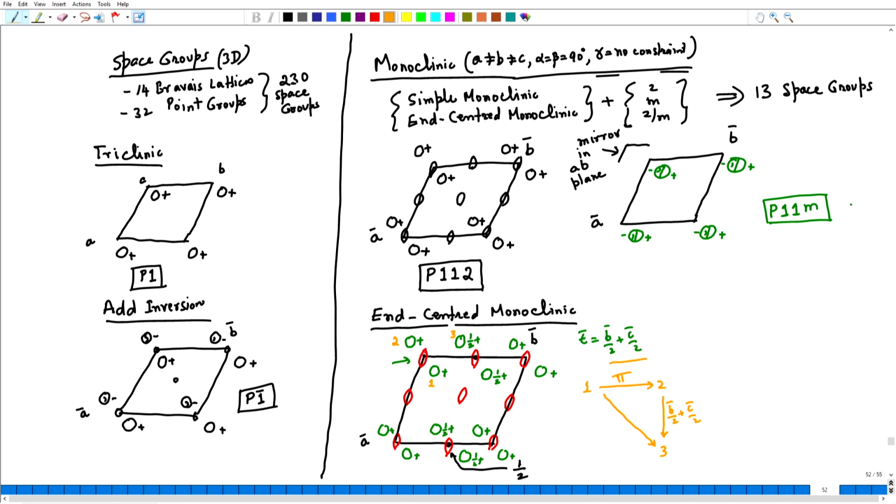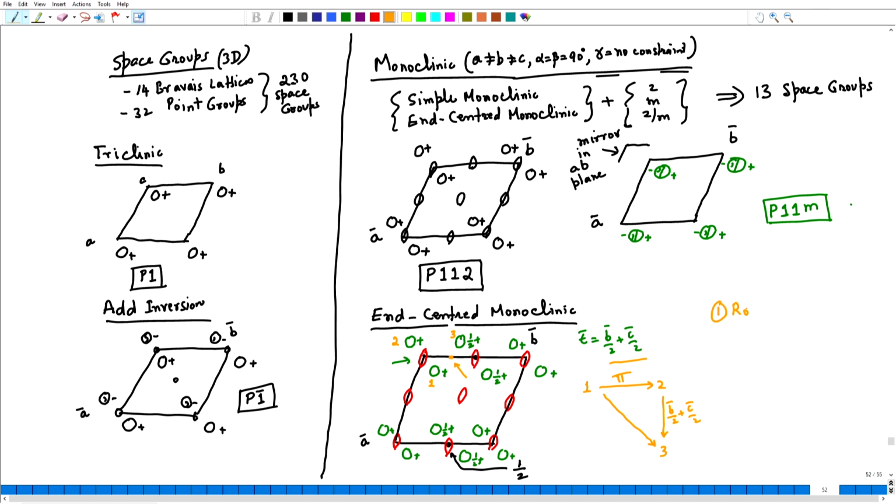So, if we think about it a bit, imagine let us take a point out here. This point is basically 1/4 from the origin along B. If I rotate motif number 1 by 180 degrees, where will it go? It will go exactly below motif number 3. So, what I am doing?